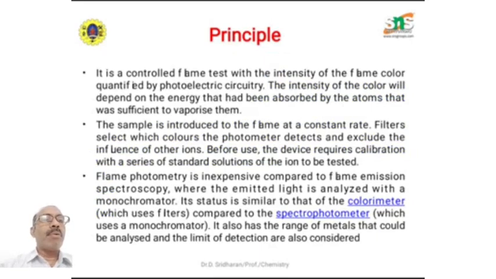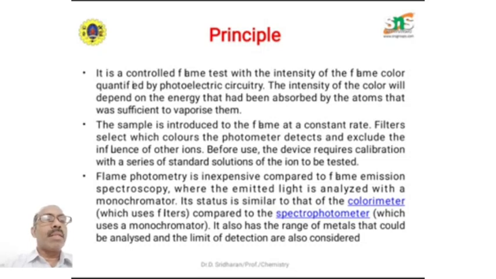Principle of flame photometry: it is a controlled flame test with the intensity of the flame color quantified by photoelectric circuitry. The intensity of the color depends on the energy absorbed by the atoms, which was sufficient to vaporize them. So we can use it for different metals.